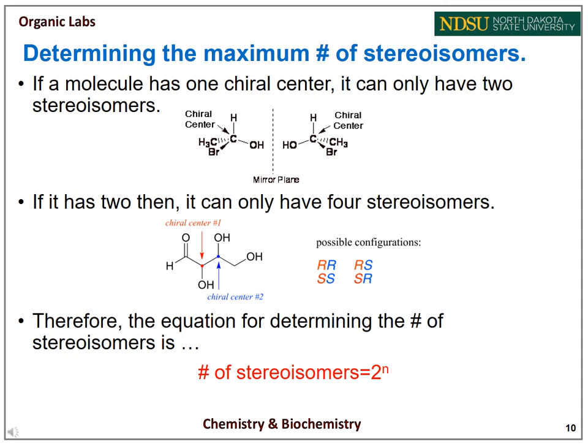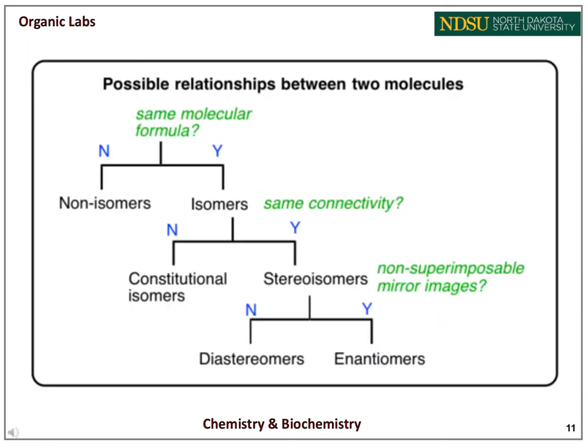Two chiral centers can give rise to 4 stereoisomers, 3 give rise to 8, etc. Therefore, the equation for determining the number of stereoisomers is 2 raised to the nth power, where n is the number of chiral centers.